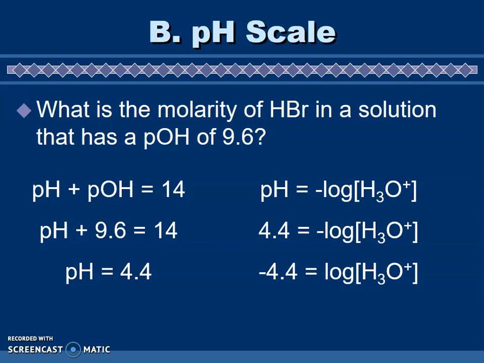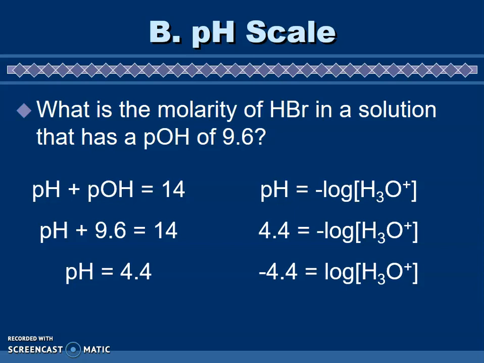On the TI-83 or TI-84 graphing calculators, you would press the second button, and then the log button. That's going to be 10 raised to the, and then you plug in your number there, negative 4.4, and then just hit the enter key.